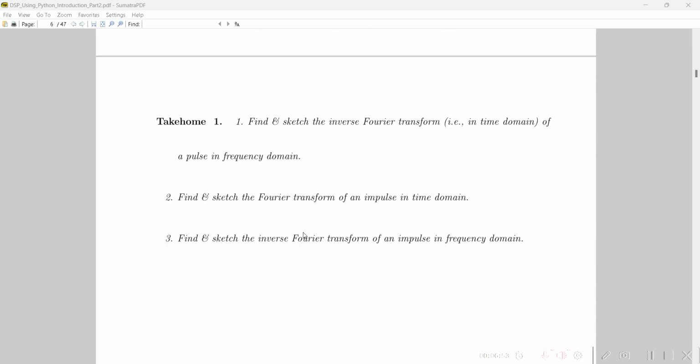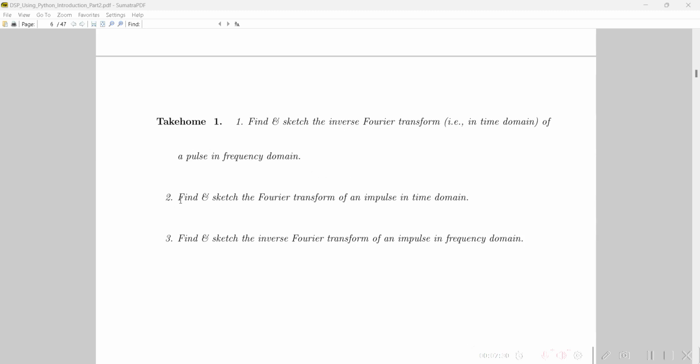Okay. Now we want to design a problem for you, called take home. Find and sketch the inverse Fourier transform, that is in time domain, of a pulse in frequency domain. Okay? Now this time you have pulse in frequency domain. Find what will be the shape of the signal in time domain using the second equation we introduced earlier in the lecture note.